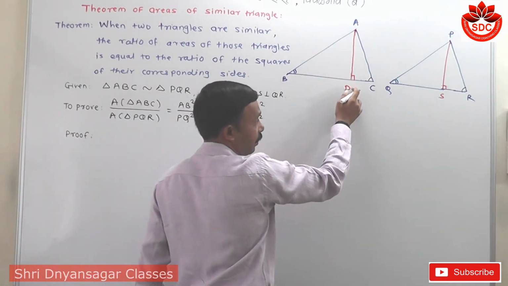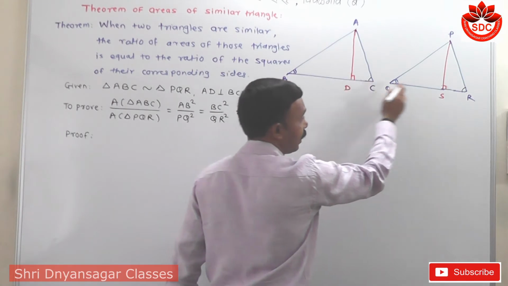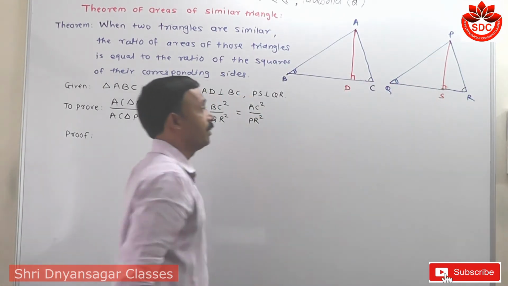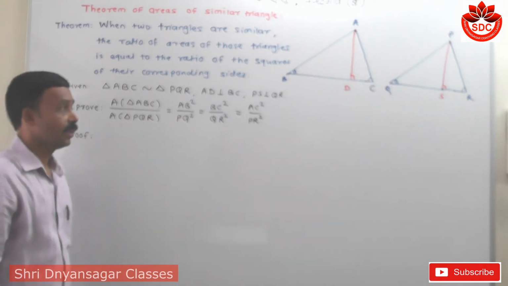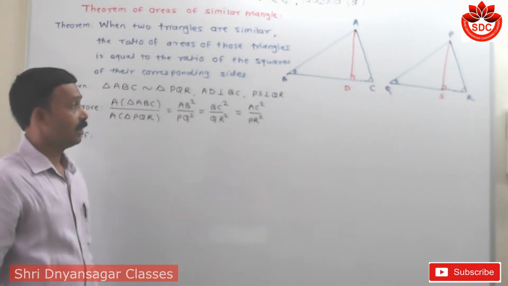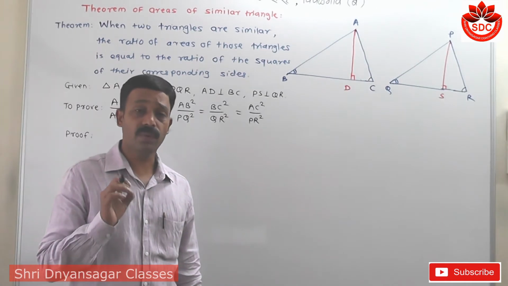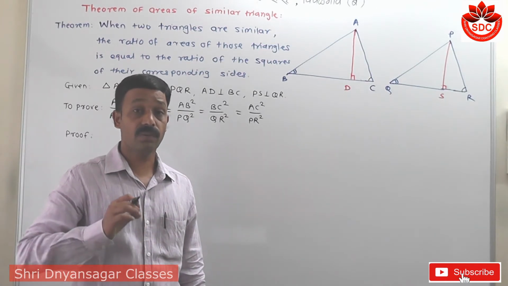This is the perpendicular, means angle D is 90 degrees, and this is also perpendicular, means angle S is also 90 degrees.